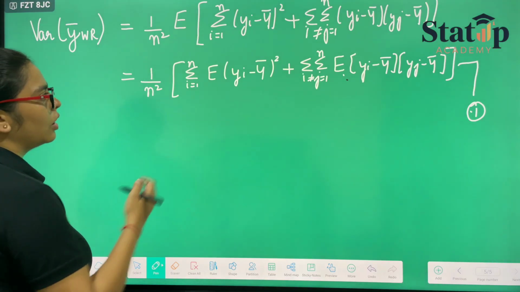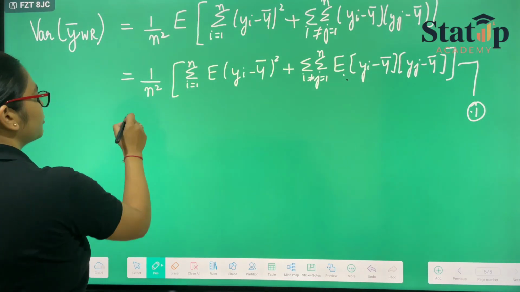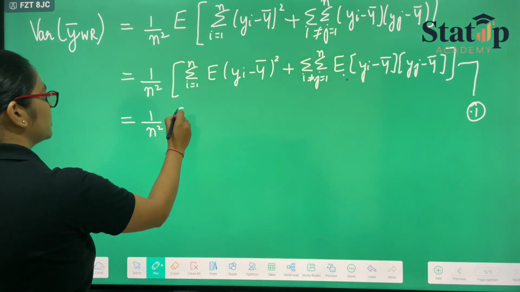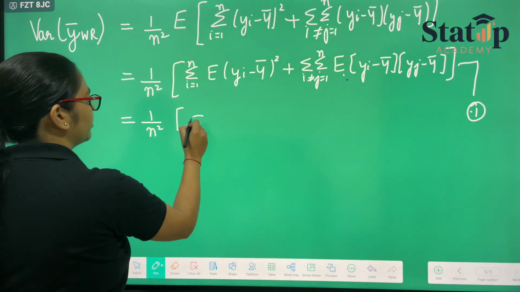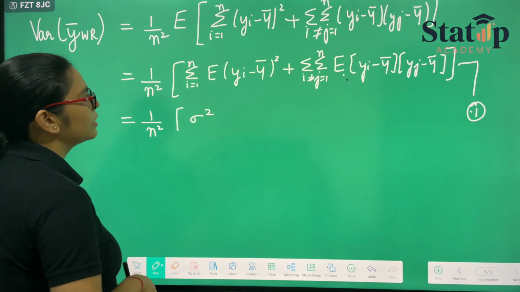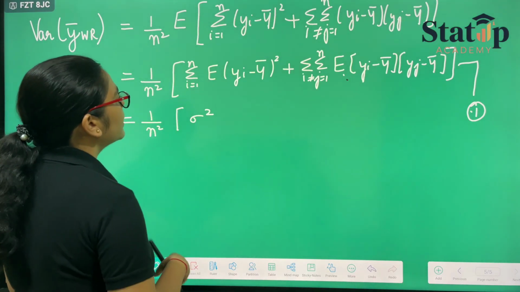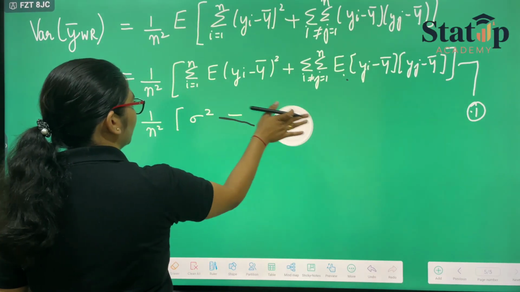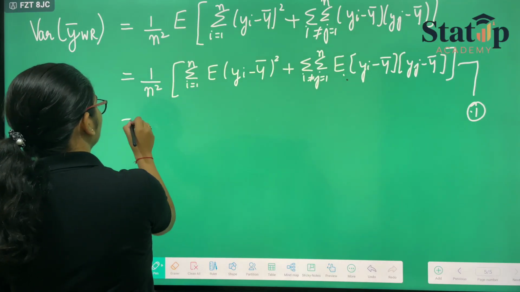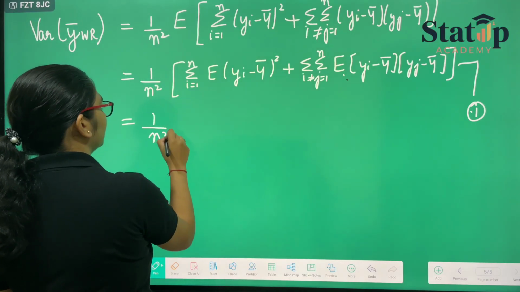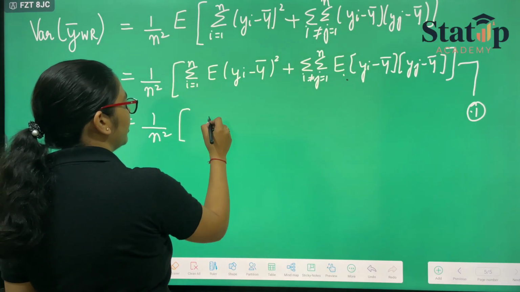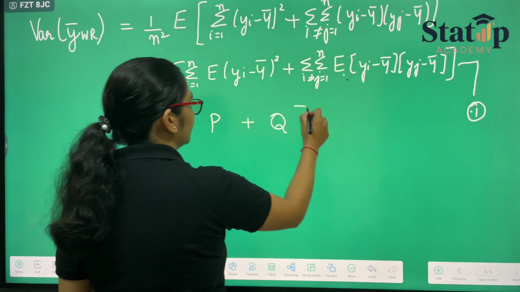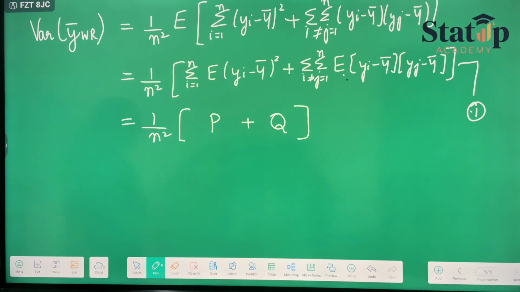So now this is nothing but the formula of the sample variance, or sigma square. Okay, let us first take P plus Q and solve simultaneously.